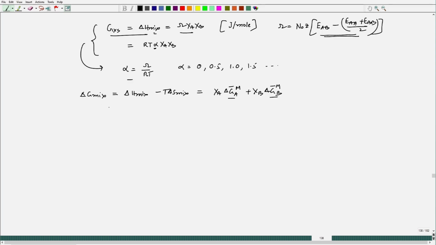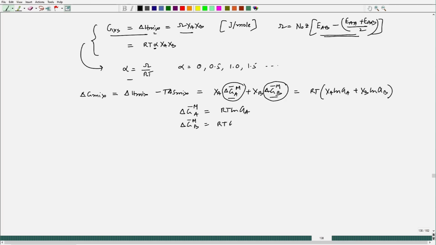Once we write that, we can get information about this quantity as well as this quantity from a graphical means: RT xa ln AA plus xb ln AB, the activities of A and B. So, delta G bar m A equals RT ln AA and delta G bar m B equals RT ln AB. So, we are getting this information.